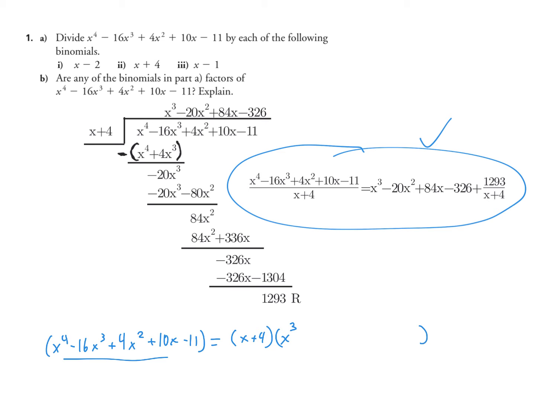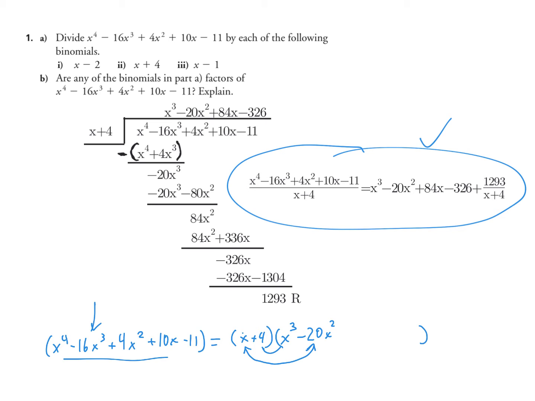This is going to be x cubed. Then this guy's going to multiply, so I got plus 4x cubed. So this is going to be x to the 4. 4x cubed is coming next, but I need it to be minus 16x cubed. So I need minus 20x squared here, so that when I multiply by this, I'm going to get minus 20x cubed. That's going to give me minus 80x squared.